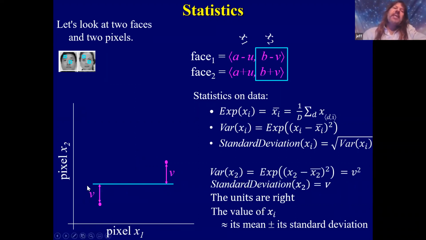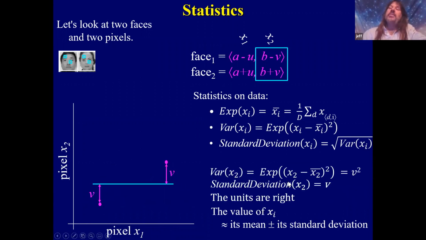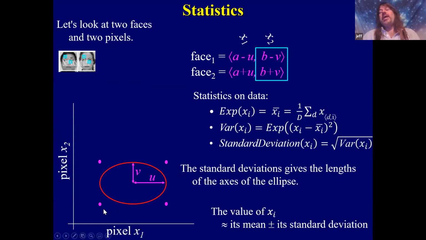So then we do the same for the second pixel. Here it's deviating negative V and positive V. So in both cases, we square them, and we get that the variance is V squared, right? Some of you probably know this already, and those of you who don't know it already are falling asleep, but there you have it.